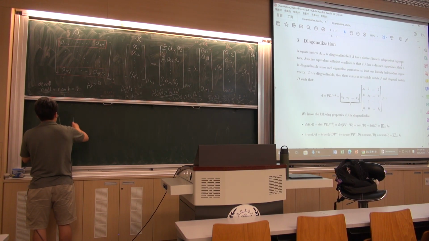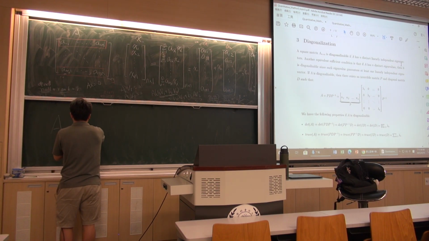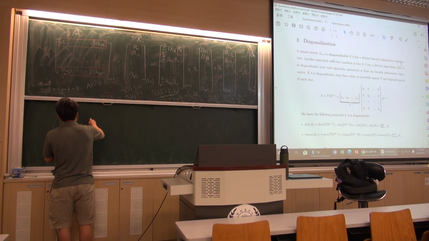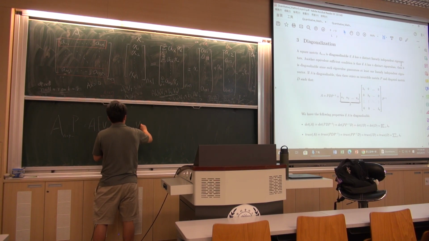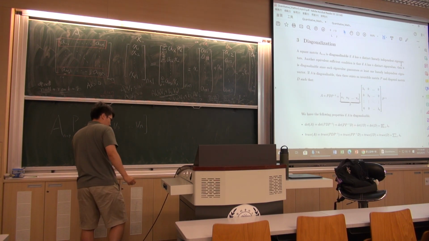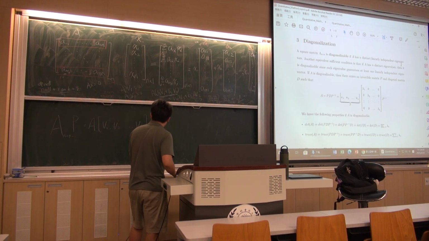Call it P here, which is actually V1, V2, up to Vn, the linearly independent eigenvectors.